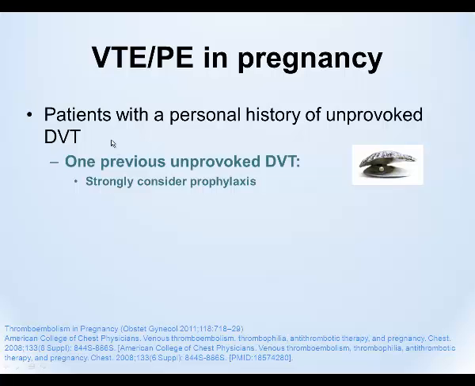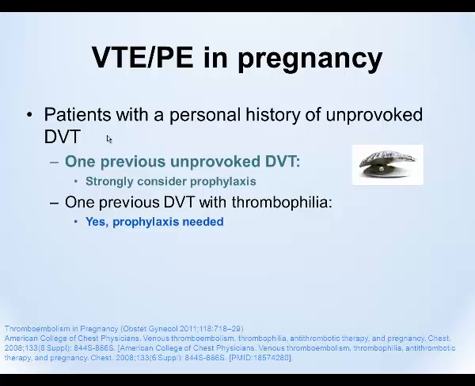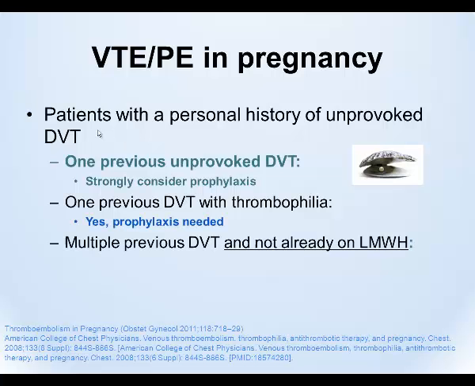But let's say they have one previous DVT with thrombophilia. You would all want to prophylax, right? Prophylaxis is needed. And if they've had multiple DVTs and for whatever reason are not already on it, they need prophylaxis as well, potentially even treated preemptively. But you would have answered that correctly on the boards because you're smart people with good gut instincts.